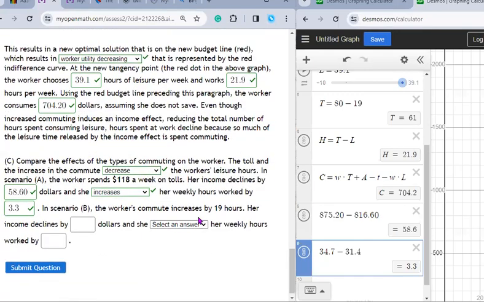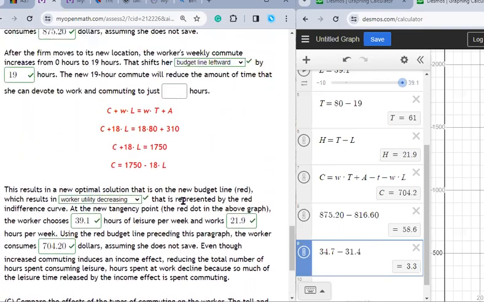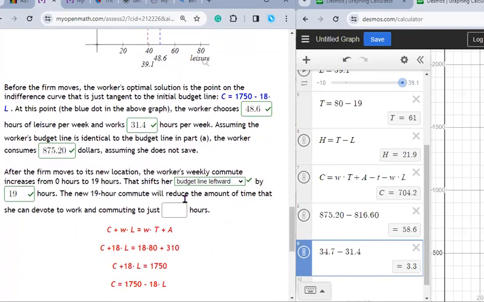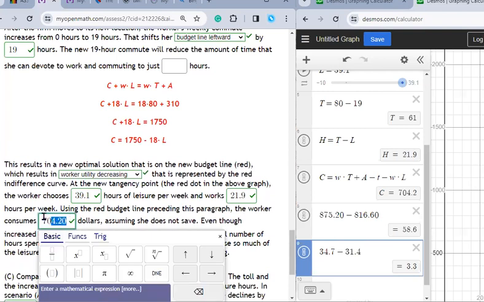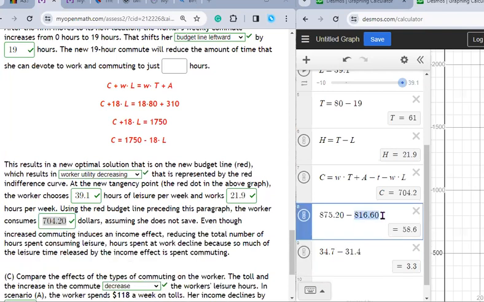Okay. In scenario B, the worker's commute increases by 19 hours, right? Her income declines. Her income after the company moves and her commute gets bigger, her income is $704.20.